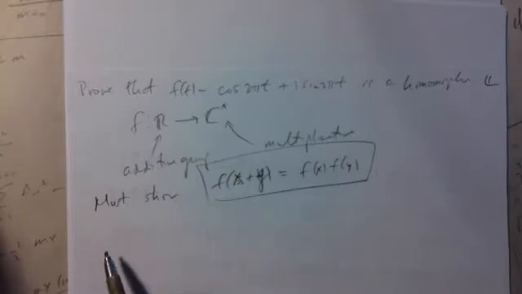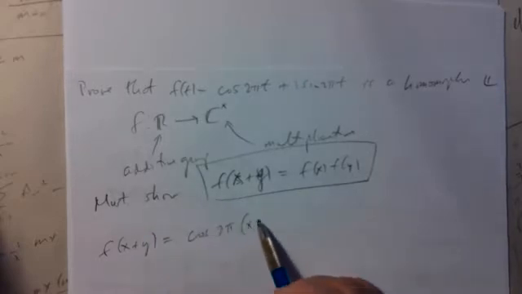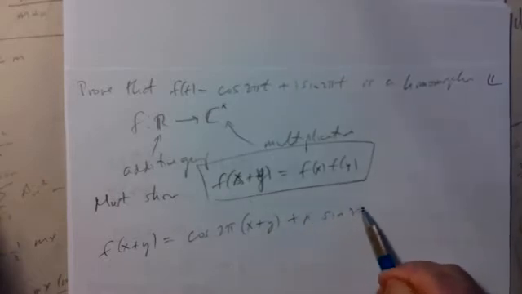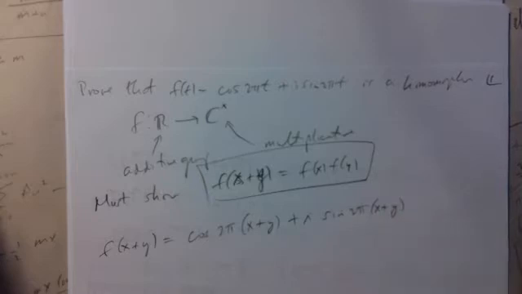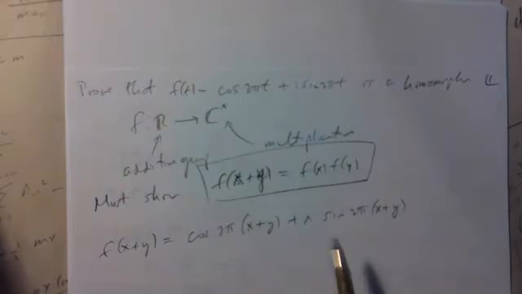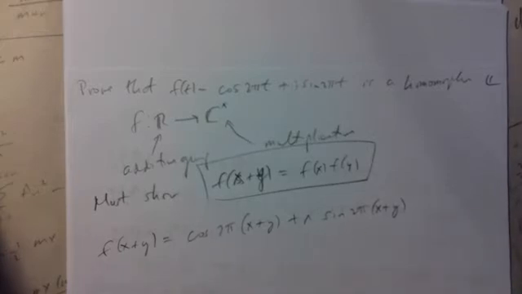So what is f of x plus y? That's the cosine of 2 pi times x plus y plus I times the sine of 2 pi times x plus y. Right? Just plugging in t equal x plus y. And then you know, or you're supposed to know, certainly it came up in calculus, the addition formula for the cosine and the sine.